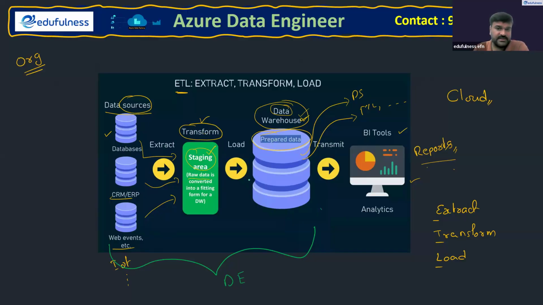So first of all, at the basic level, everyone should have clarity on what exactly a data engineer is going to do. The sources might be anything, the transformation technologies might be anything, the warehouses might be anything, but in a broad picture, this is what he is going to do.